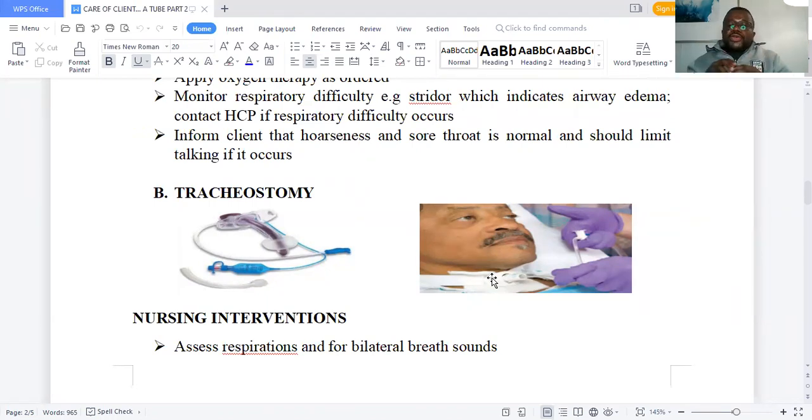You don't touch those areas. So you might be asked if the care of a tracheostomy is a clean procedure or a sterile aseptic technique. Of course, it is an aseptic technique.